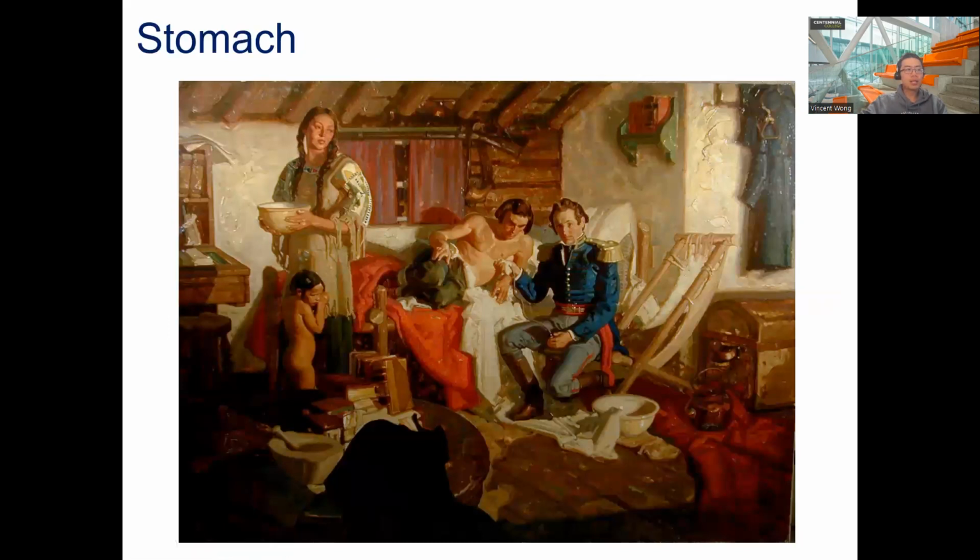So talking about the stomach, there is a story to be told. Much of the understanding of how the stomach works actually came from the study of this man named Alexis St. Martin. He was a Canadian voyager in the 1800s.